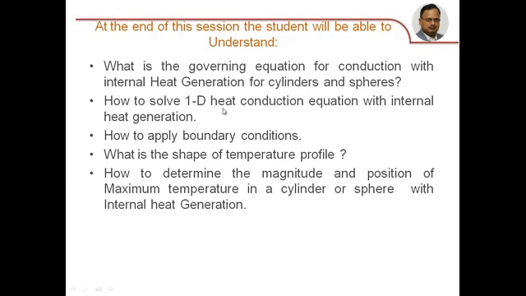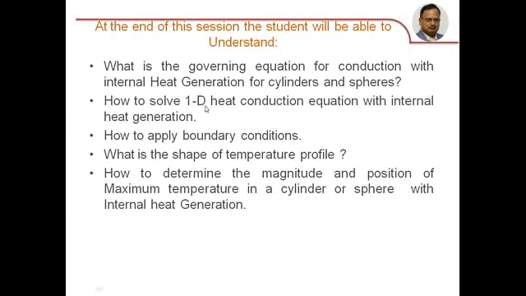Integrating it twice, you will get the general conduction heat equation. For boundary conditions, first you have to find the Q value, and since this total heat generated is leaving to the environment by means of convection, you may get the surface temperature as one condition, and the maximum temperature position, if you know, at that point the temperature gradient becomes 0, that is the second condition.